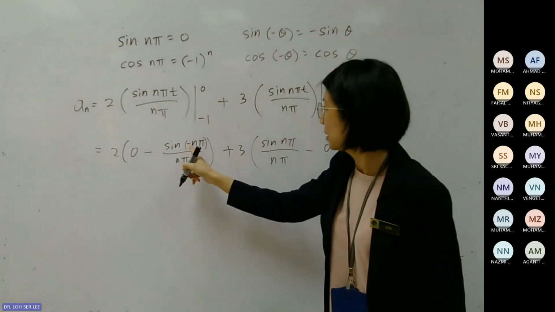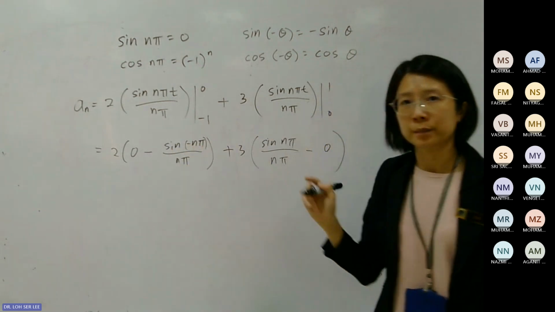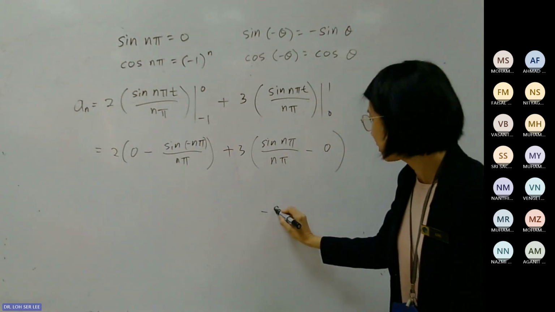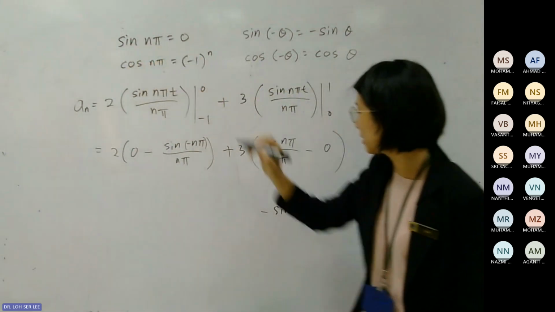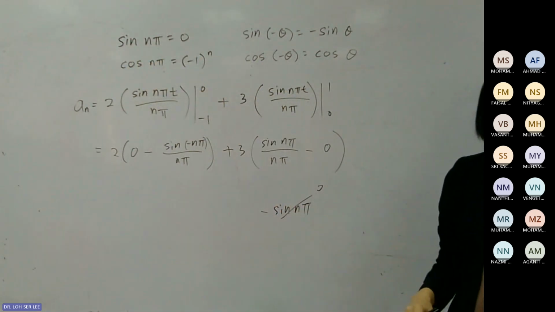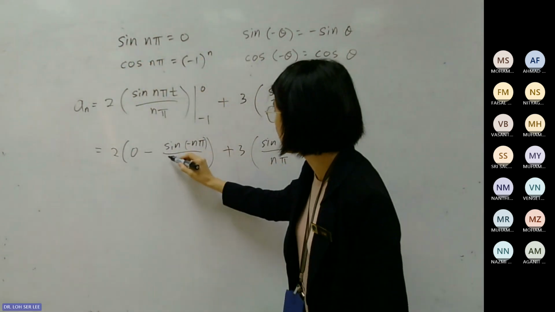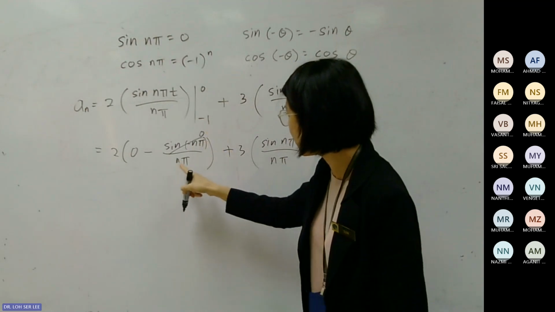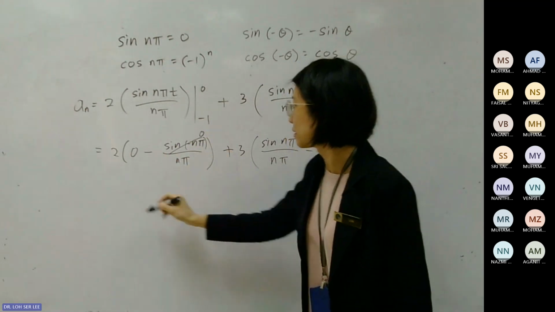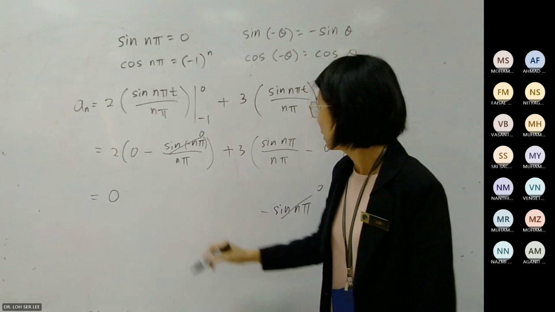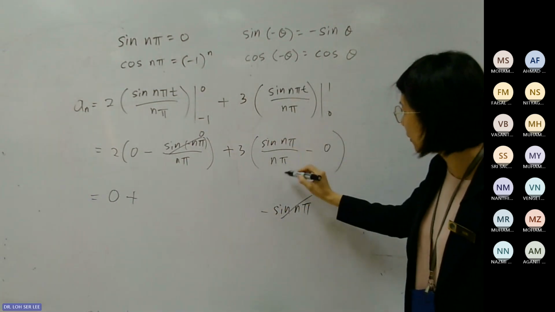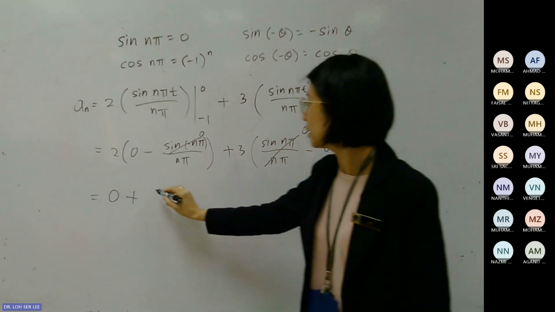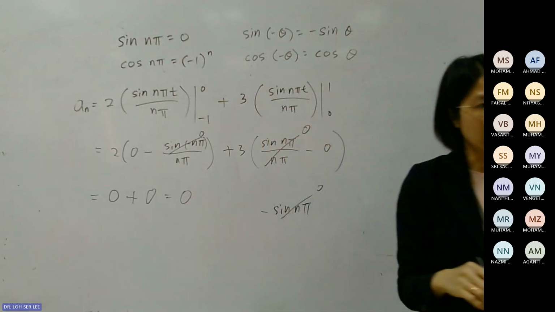So this is negative sine n pi, but sine n pi is 0. That's why this is 0. 0 over n pi, the whole thing is 0. Plus this one, sine n pi is 0, 0 over n pi is 0. That's why you get 0 for an.